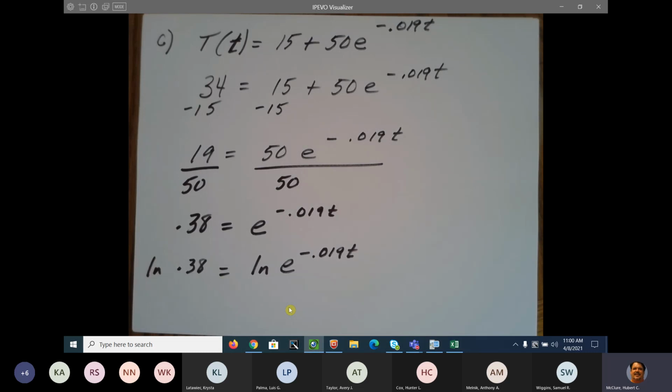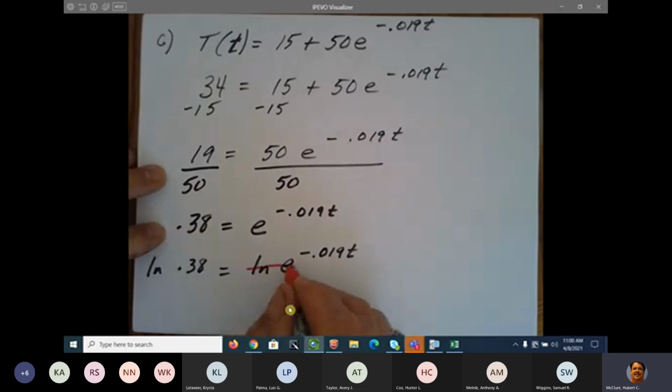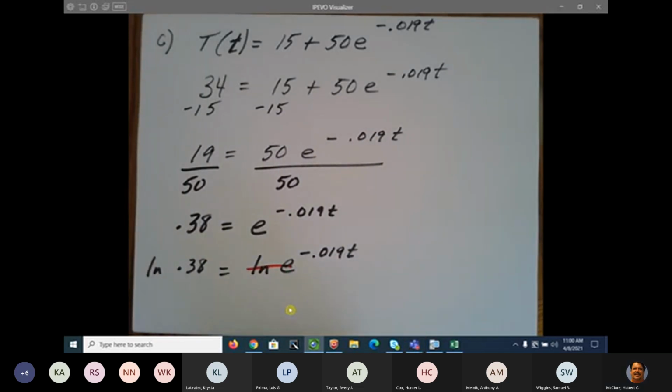Somebody tell me what I told you happened to that. We did one like this. So natural log of 0.38 is equal to negative 0.019 t.